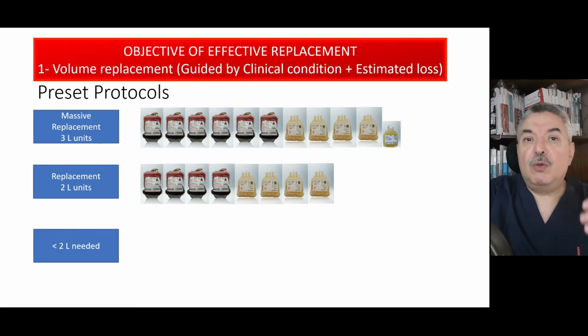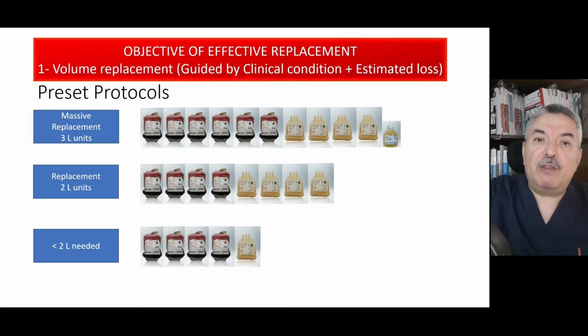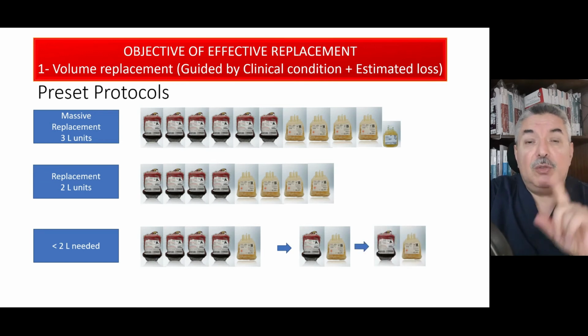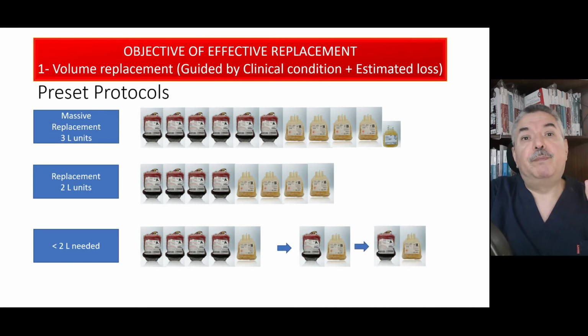If you need less, you are a smart physician and you diagnose the patient very early. So you just need to balance before the patient goes into pallor or tachycardia or anything. Then we give 4 units packed RBCs, 1 unit fresh frozen plasma. And then if we need to give more, then for every unit packed RBC, you give 1 unit fresh frozen plasma.